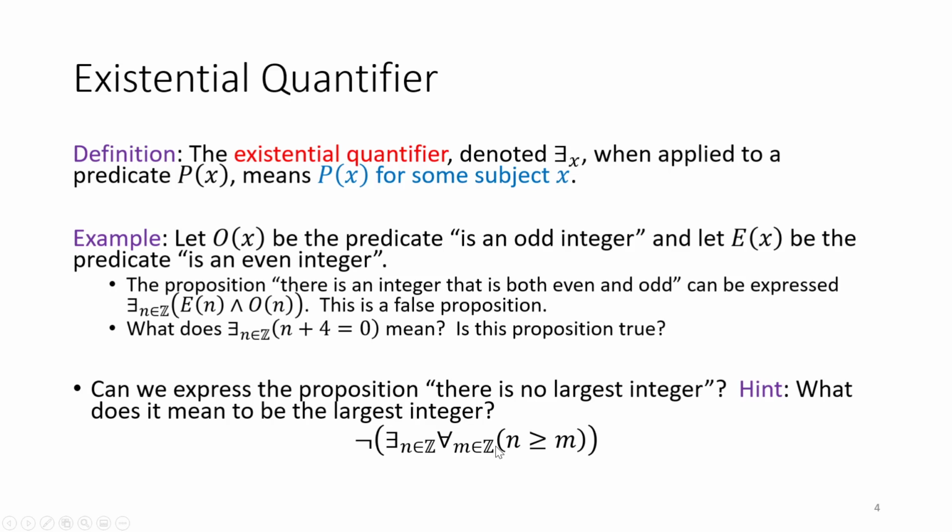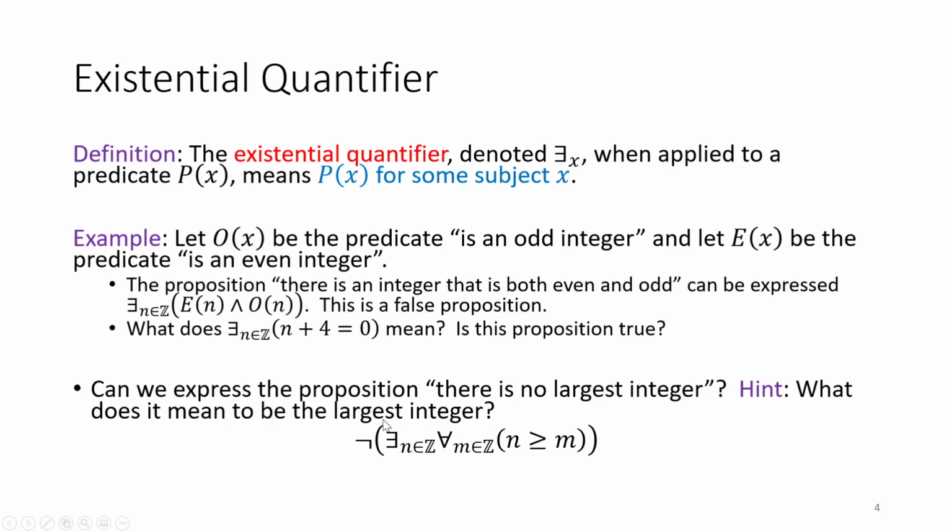So sometimes we'll delete that out and we'll just say n is greater than or equal to m. So let's go through and read the logic-ese version of this all the way through one last time. It is not the case that there exists an integer n such that for all integers m, n is greater than or equal to m.